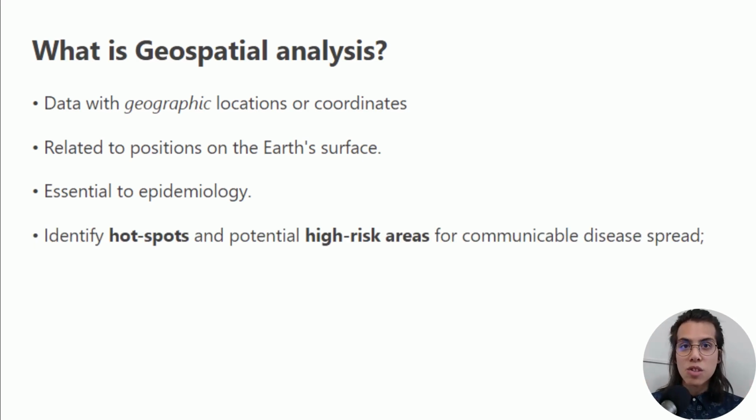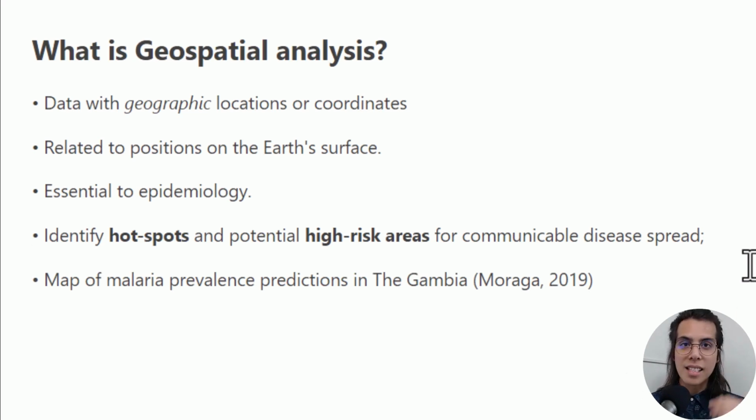For example, you can identify hotspots and potential high-risk areas for communicable disease spread. As an example, we're going to see how to build a map of malaria prevalence predictions in the Gambia.